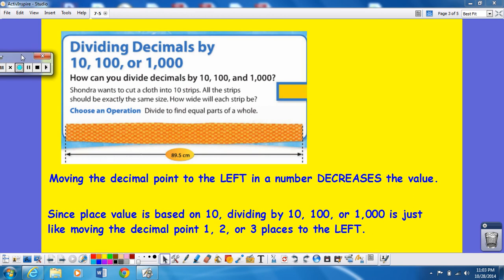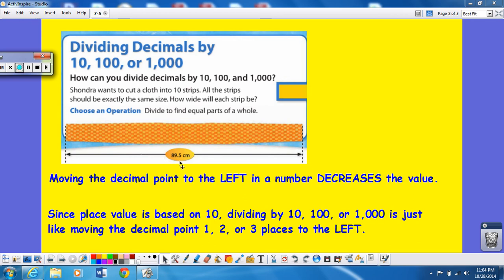So let's take a look at this that I just got straight from our book. Dividing decimals by 10, 100, or 1000. How can you divide decimals by 10, 100, and 1000? Chandra wants to cut a cloth into 10 strips. All the strips should be exactly the same size. How wide will each strip be? Divide to find equal parts of a whole.